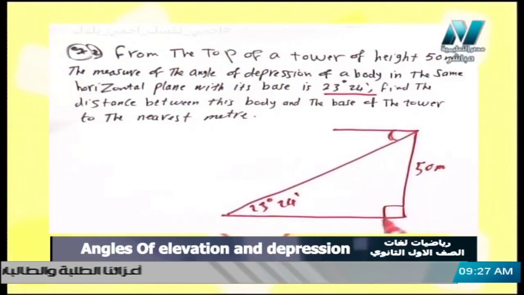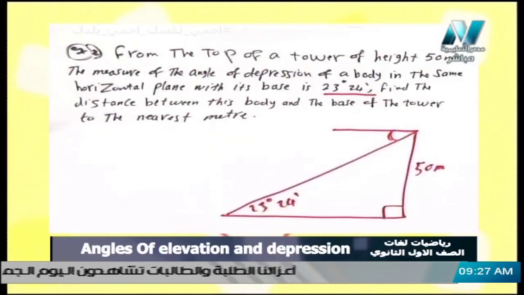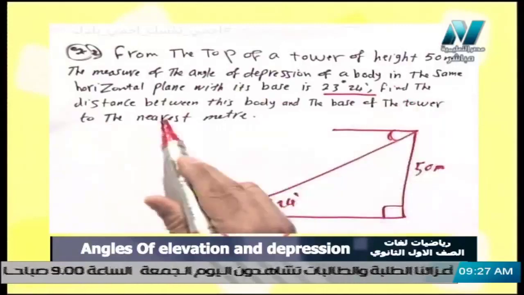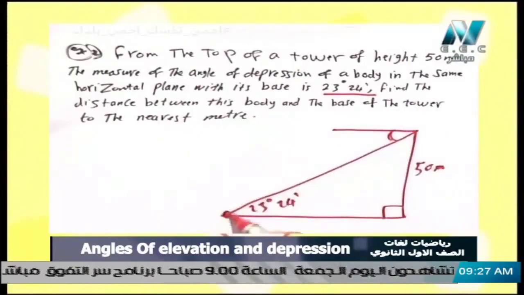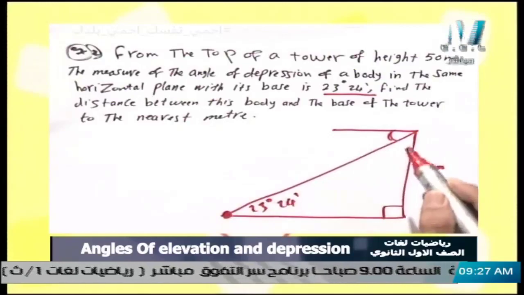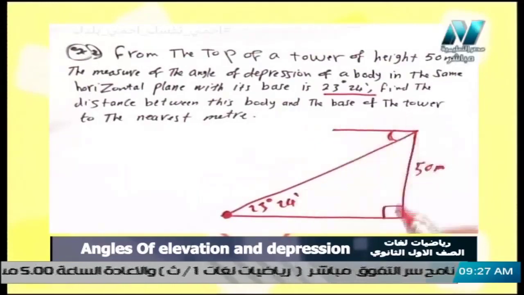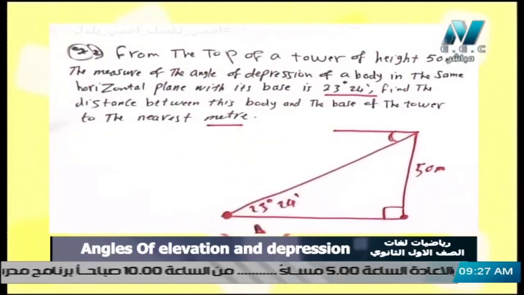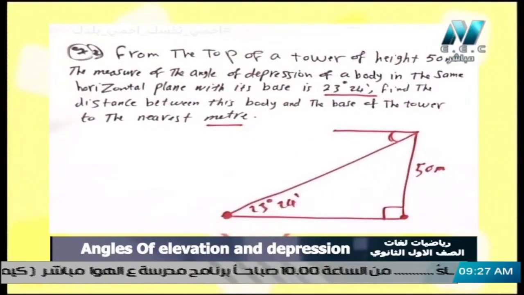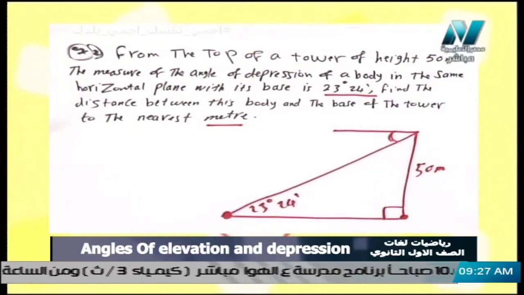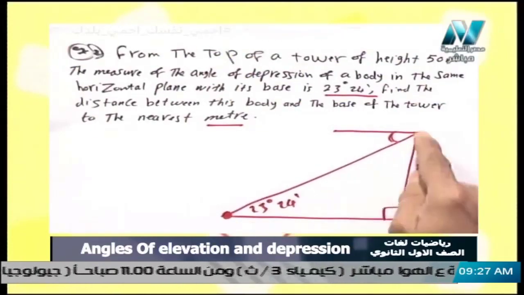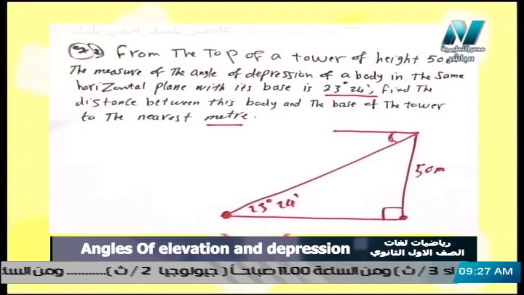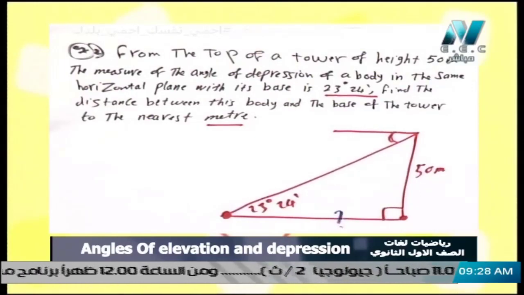And of course, this is a right angle triangle. Find the distance between this body and the base of the tower to the nearest meter. So we have this angle and the opposite side, and we want to find the length of the base.